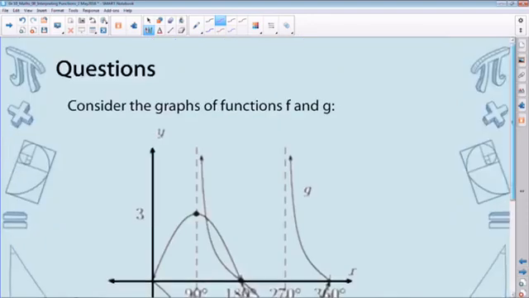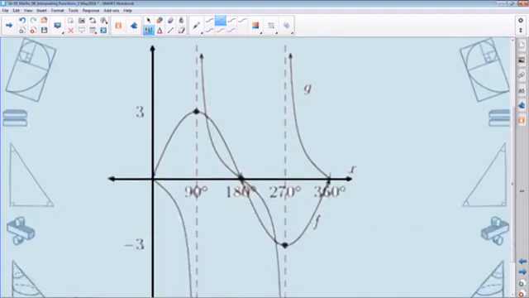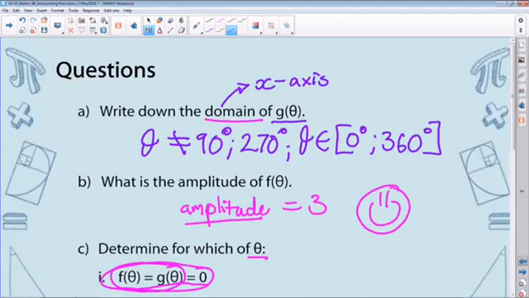Oh good, we do. There are other places where they are equal to each other. Here's a place they're equal, here's a place they're equal, and here's a place. But then we also have this spot here and this spot. But is that what the question's asking for?